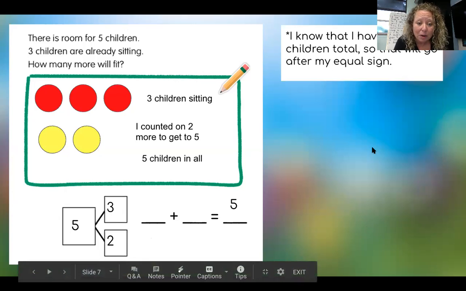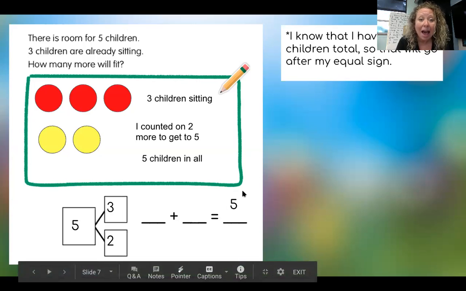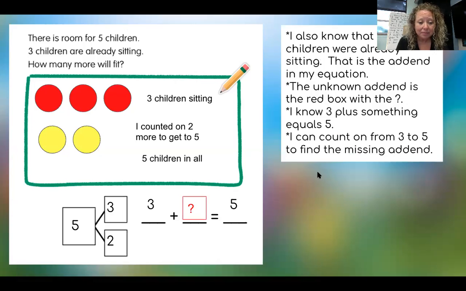Now let's look at our equation. Our equation reads blank plus blank equals blank. Now, remember what our story problem told us. It told us that we have 5 children in all. So 5 will go after my equal sign. I also know from the story that there were already 3 children that were sitting.